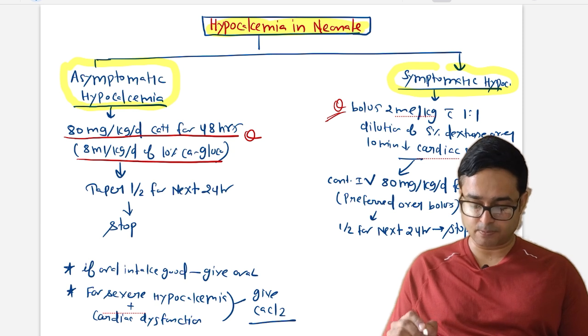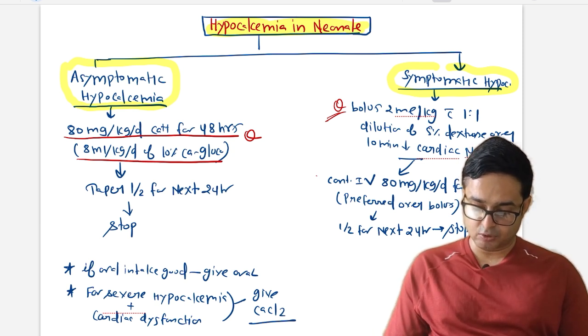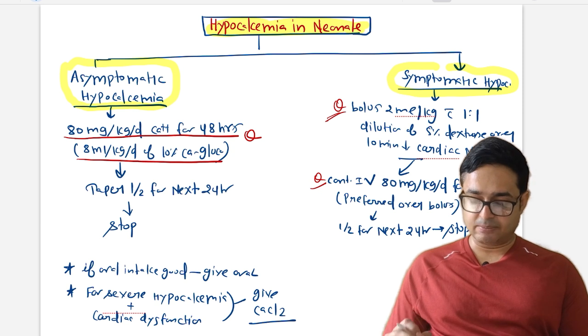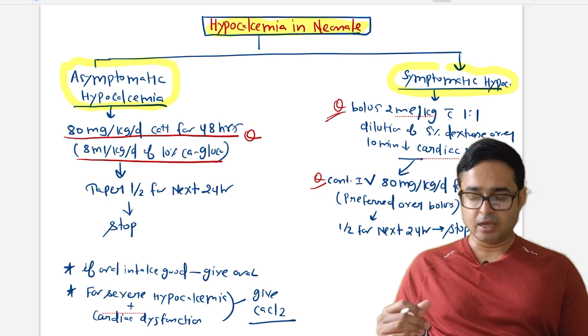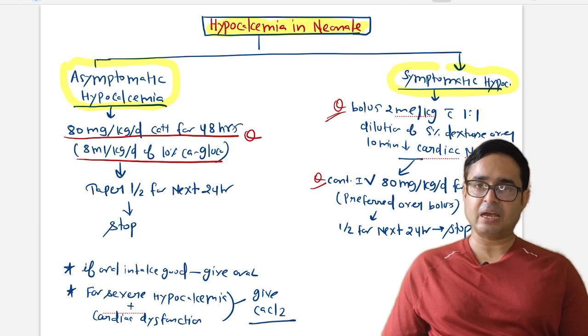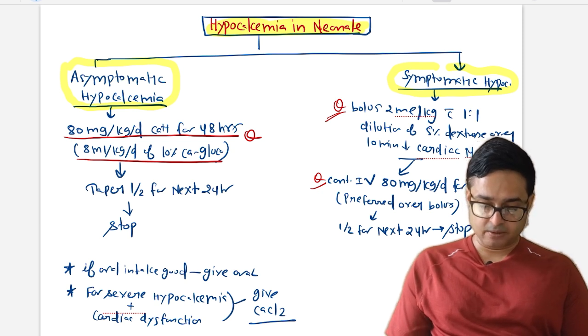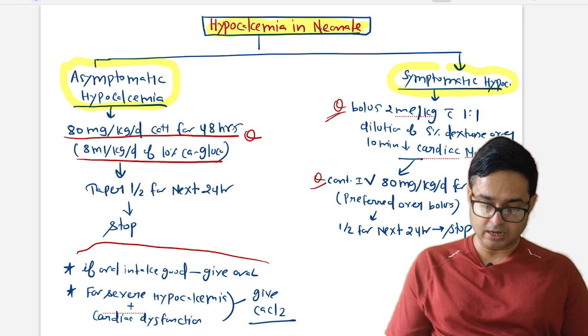This step is important. After this step, other steps are the same: continue IV at 80 milligram per kg per day for 48 hours, then taper. So the crux of this slide is you have to give a bolus in symptomatic hypocalcemia. After that, you have to give maintenance. If oral intake is good, you have to give oral calcium.